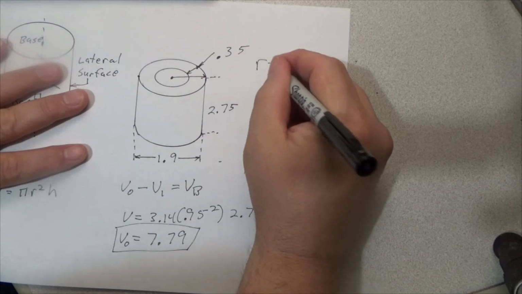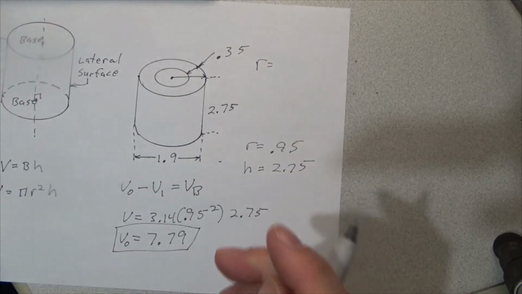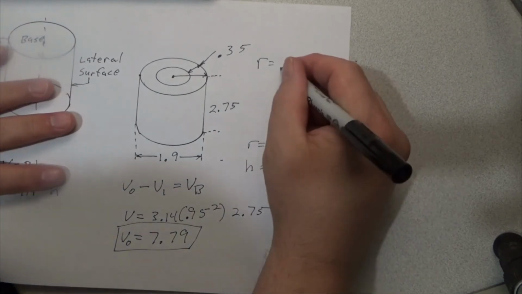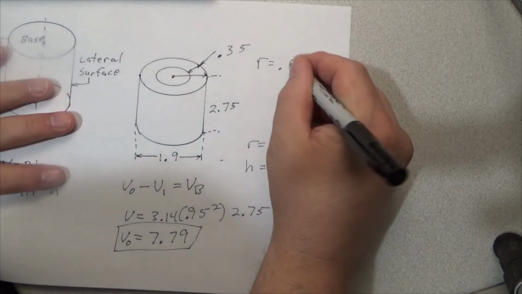So the radius is equal to, the height is going to be the same, 0.95 minus 0.35, should have been able to do that in my head, 0.6.